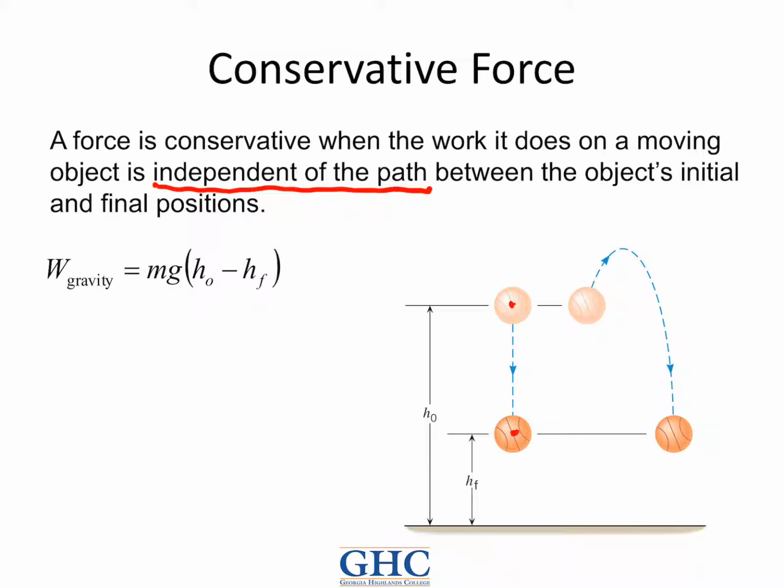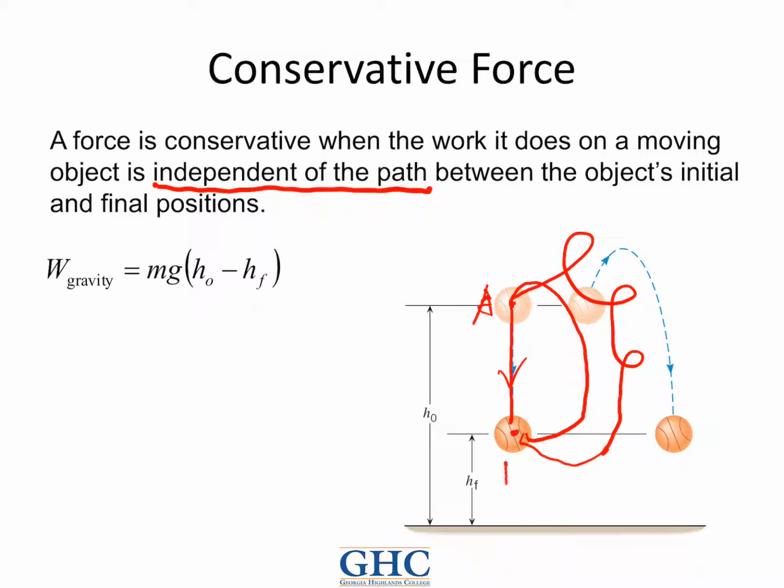It doesn't matter which path it took, straight or curved, or any weird shape of path, starting from position A and ending up at position B. If the work done by gravity is the same, then we call gravity a conservative force.